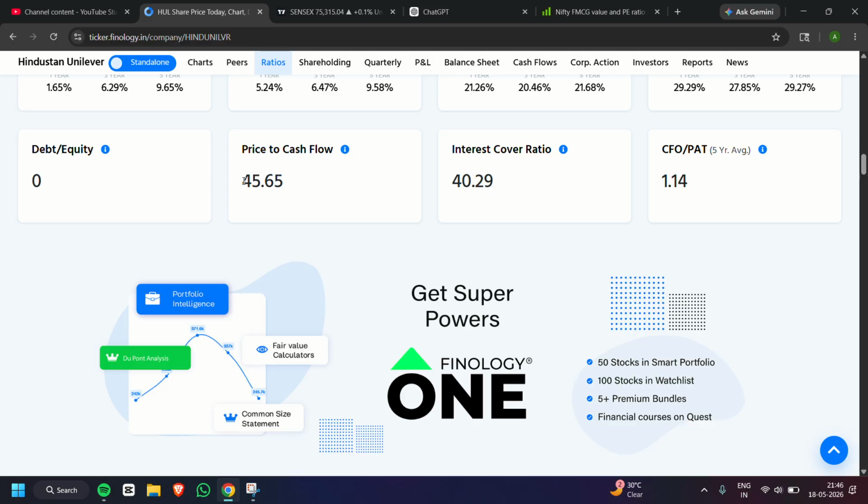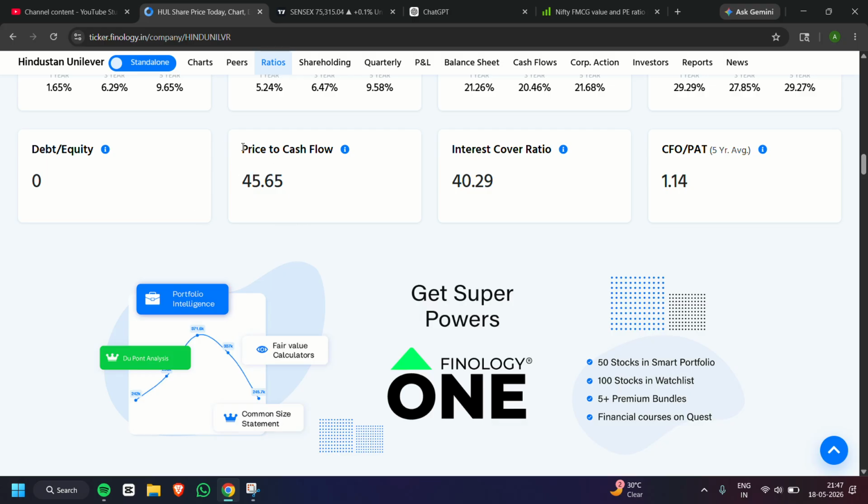Suppose it was 5.65, meaning if I put just 5.65 into that company and earn 1 rupee, the 1 rupee is constant, but the thing that changes is the price to cash flow ratio.